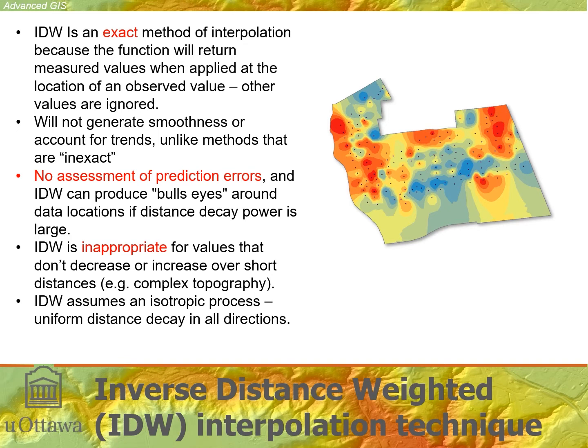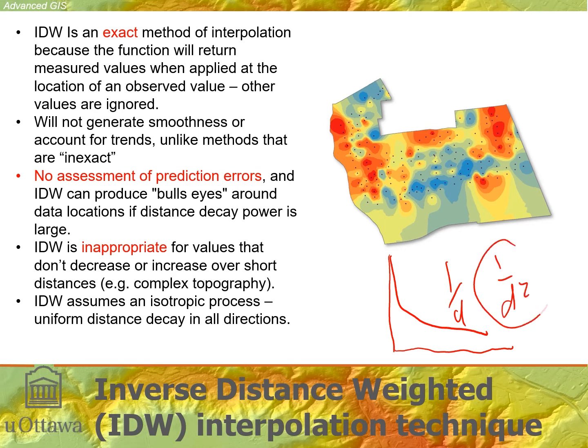Because remember, with inverse distance weighting, depending on the power of the exponent, even just inverse distance versus inverse distance squared, the most common used is inverse distance squared, and it rapidly decreases.